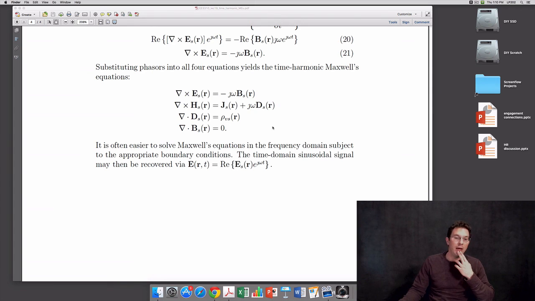Once we have expressions for the electric field and the magnetic field, we will pass back to time domain by using this sort of an equation, essentially taking an inverse phasor transform to go back to time domain.